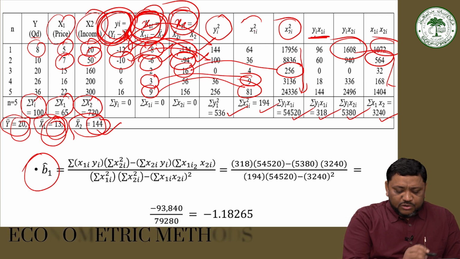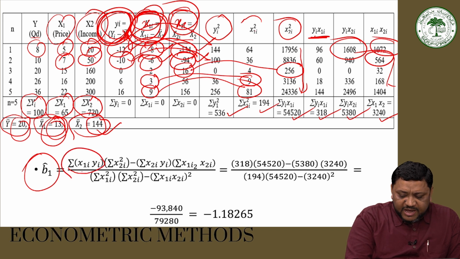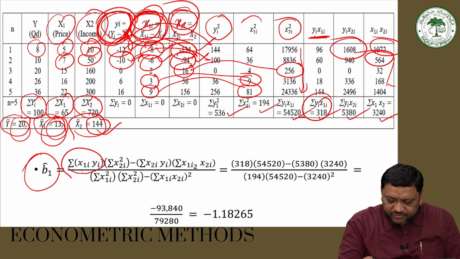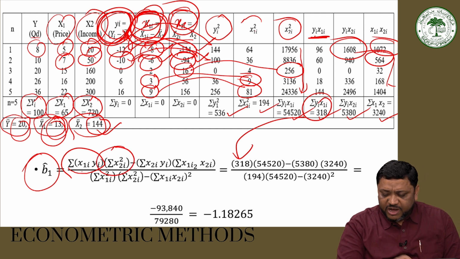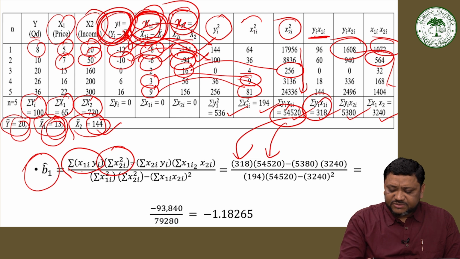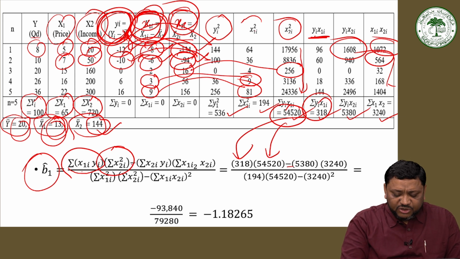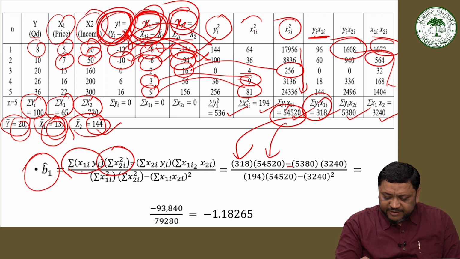Now, we need the summation of x1 yi. Here it is. We write it over here. We need the summation of x2 square, minus, we need the summation of x2i yi. X2i yi, no, not this one. X2i yi, this one.